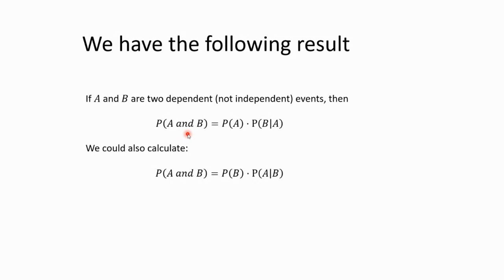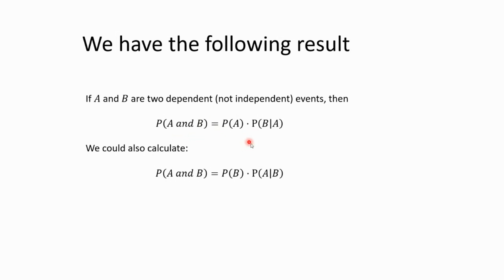Namely, the probability of A and B occurring at the same time, if they're dependent, is the probability of A times the probability of B given A.